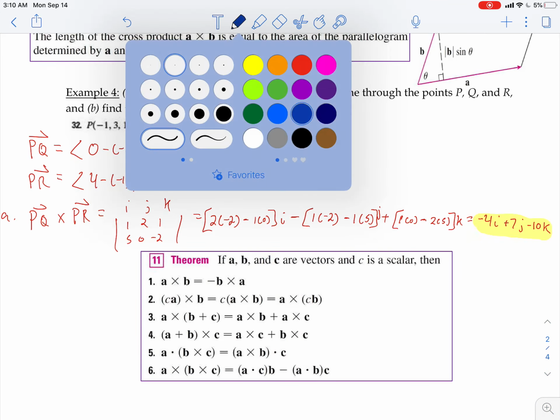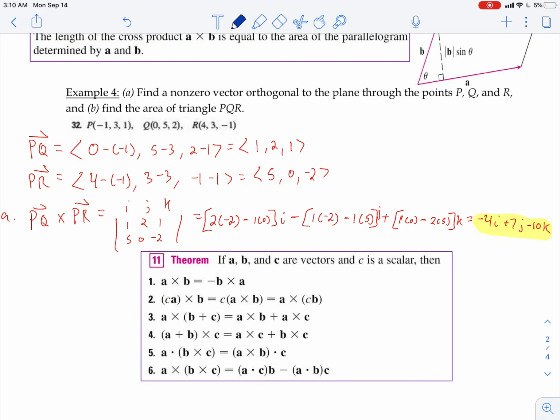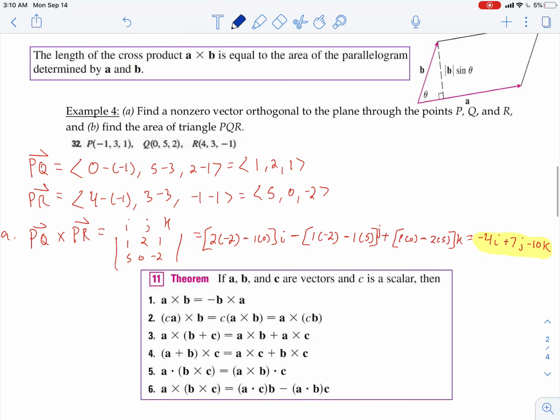So to find the area of the triangle, I'm going to go ahead and find the length, or magnitude, of PQ cross PR. Take the square root of -4 squared plus 7 squared plus -10 squared.